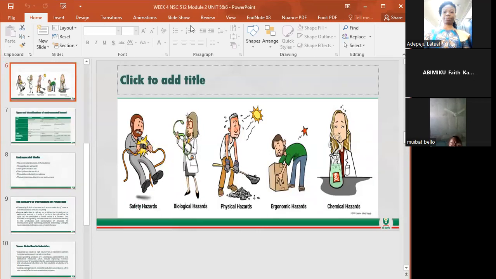And I have on the screen here examples in diagrams, in figures, where I have safety hazards, biological hazards, physical hazards, ergonomic hazards, as well as chemical hazards. These are pictures of examples of different types of hazard.